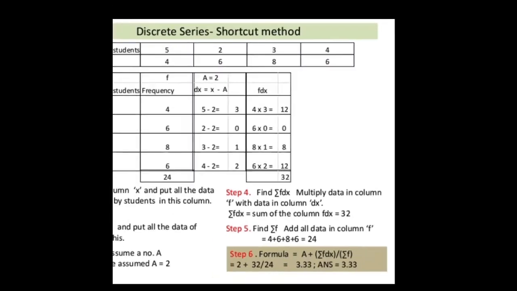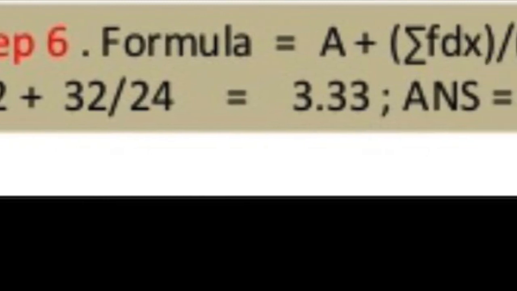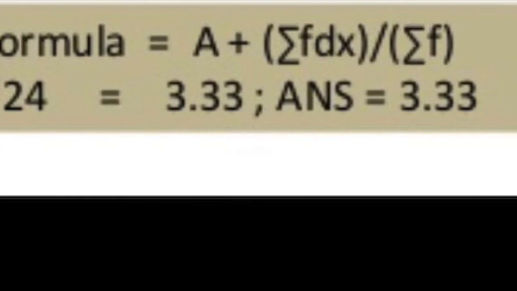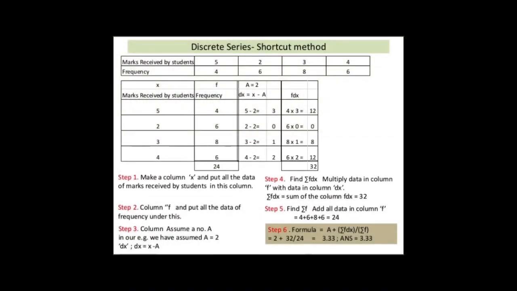So, 2 plus 32 upon 24 is 3.33. As you can see, even when we have used the shortcut method, the value of mean remains the same as in the case of the direct method.